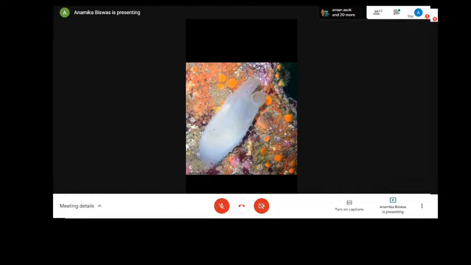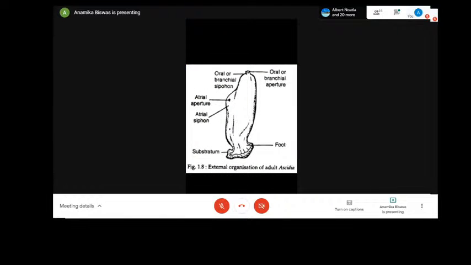This is called tunic, so they are commonly called tunicates. The notochord is present only in the tail of the larva. In larval stage notochord is present, only in the tail region. When it becomes adult, the notochord disappears.